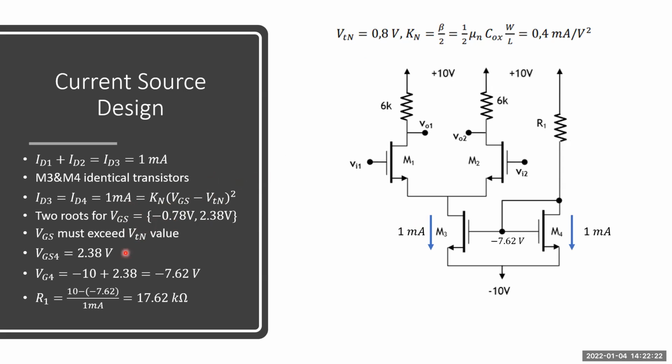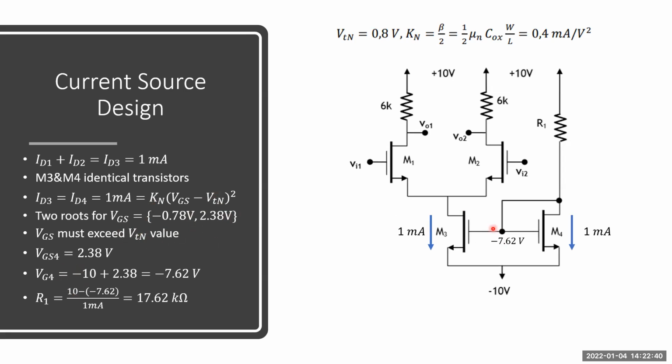So we are going to use 2.38 volt for VGS of M3, because this value exceeds the threshold voltage and it operates in saturation region.